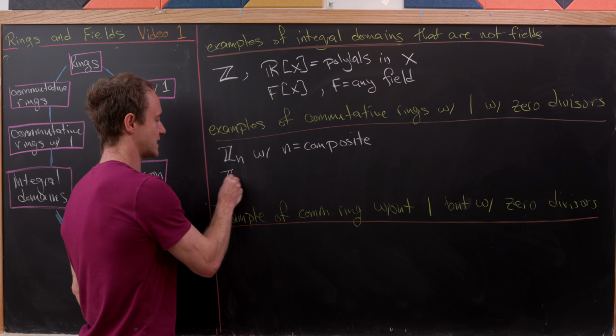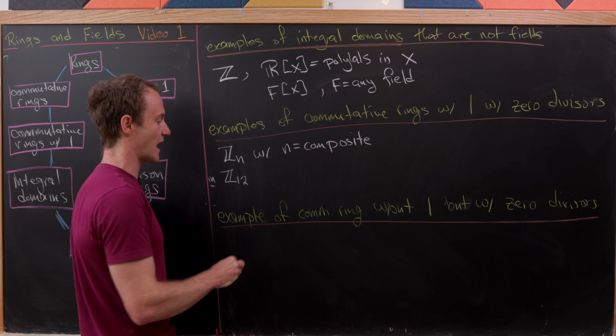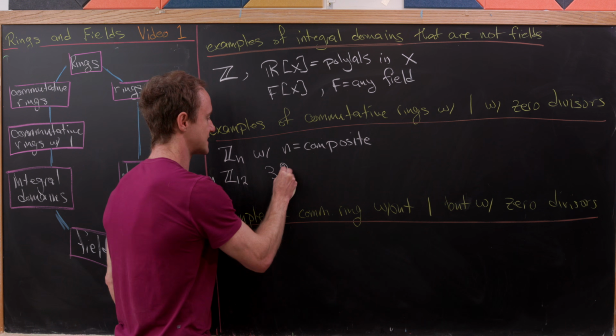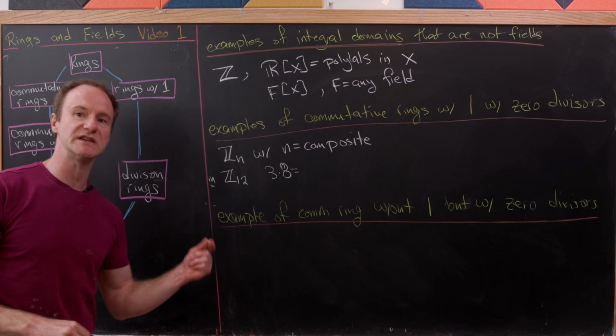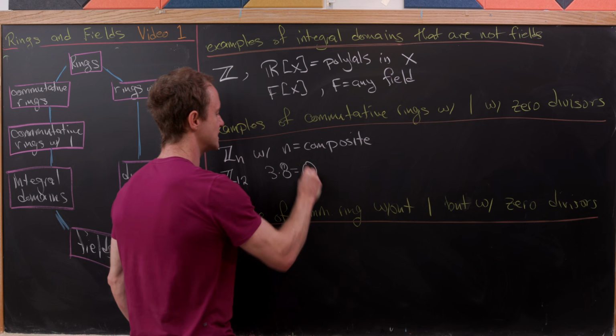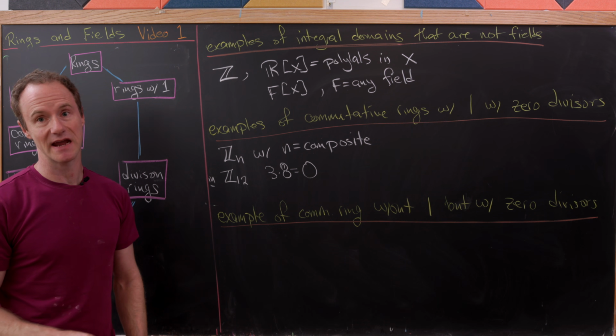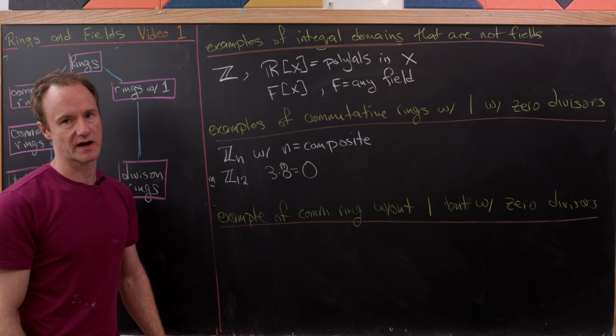Well, notice, let's look inside of Z_12. In Z_12, we would have 3 times 8 is equal to 24, but let's observe that 24 is 0 because it's a multiple of 12. So I could just write 3 times 8 is 0 here. That means that 3 and 8 are zero divisors.